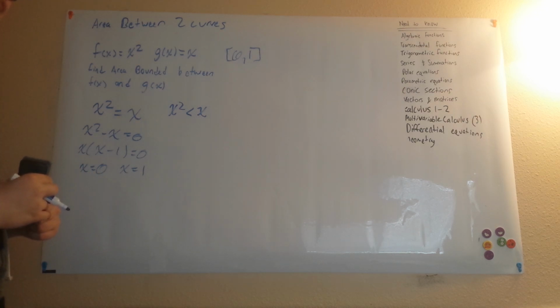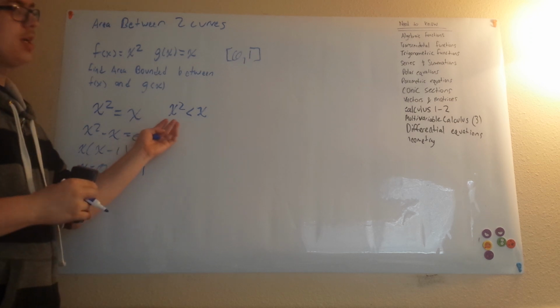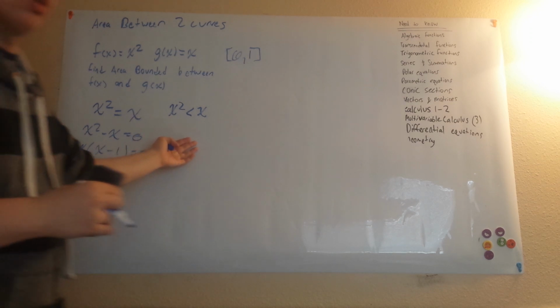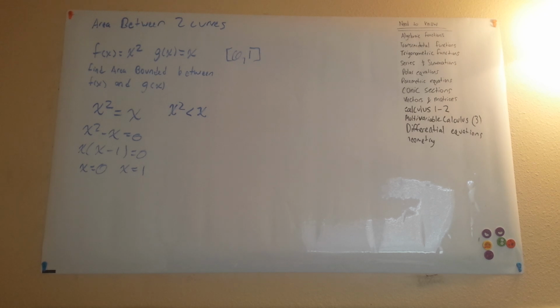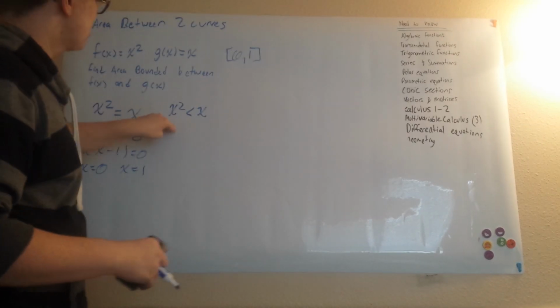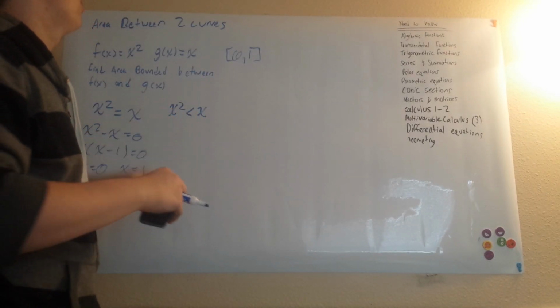What's 0.5 squared? It's 0.25, which is less than 0.5. So this is our upper function, this is our lower function.